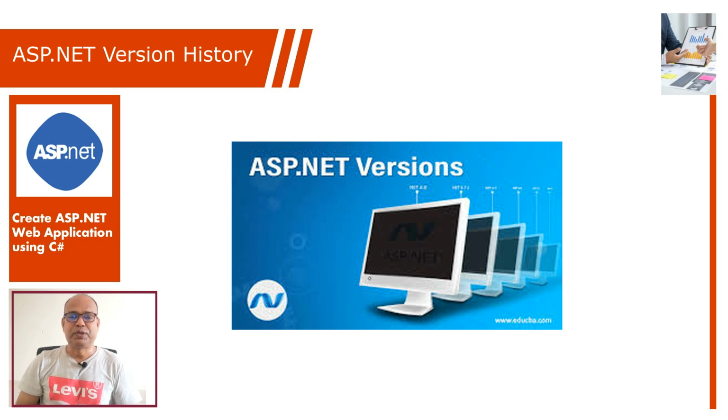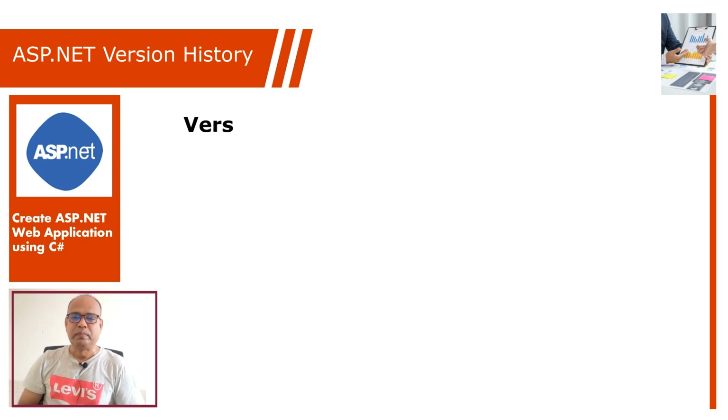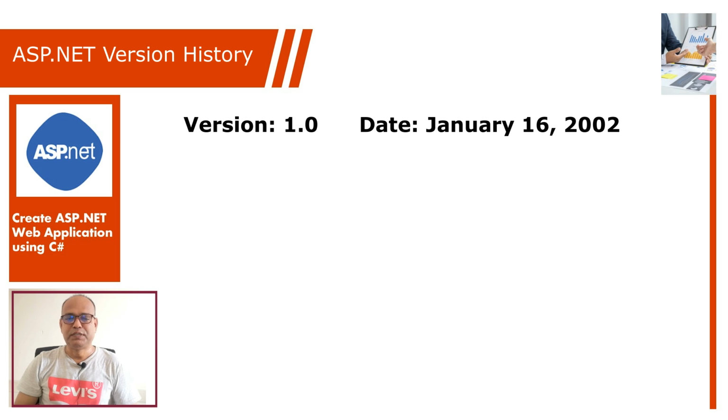ASP.NET version history. ASP.NET's release history tightly correlates with the .NET Framework releases. Have a look at the table where the version history is given in detail. The first version of ASP.NET is 1.0, released on January 16, 2002.